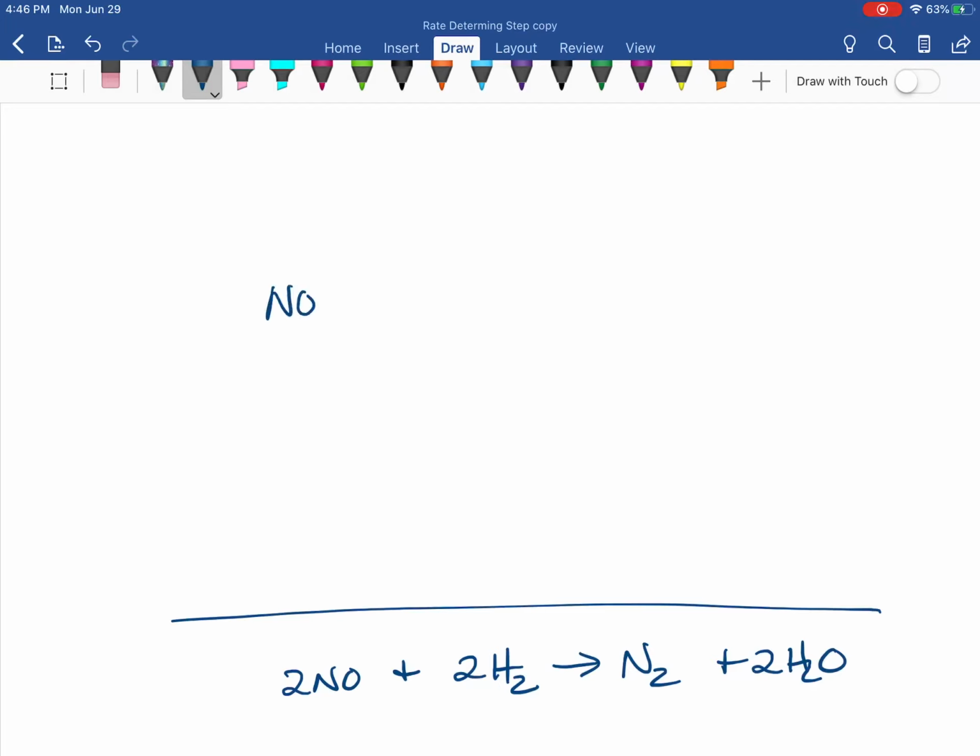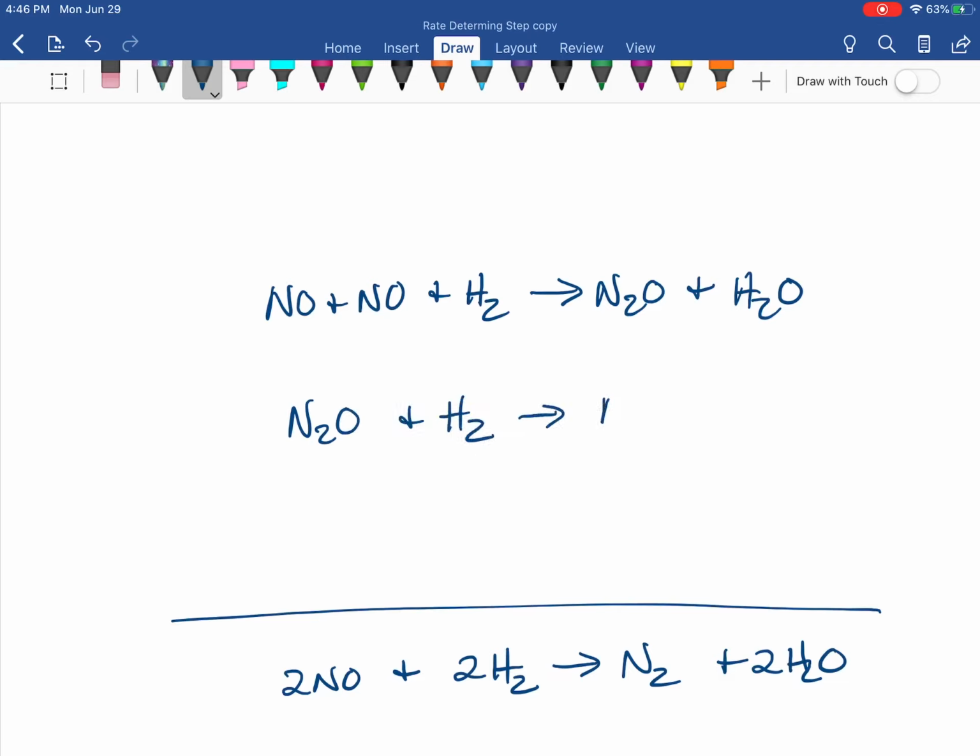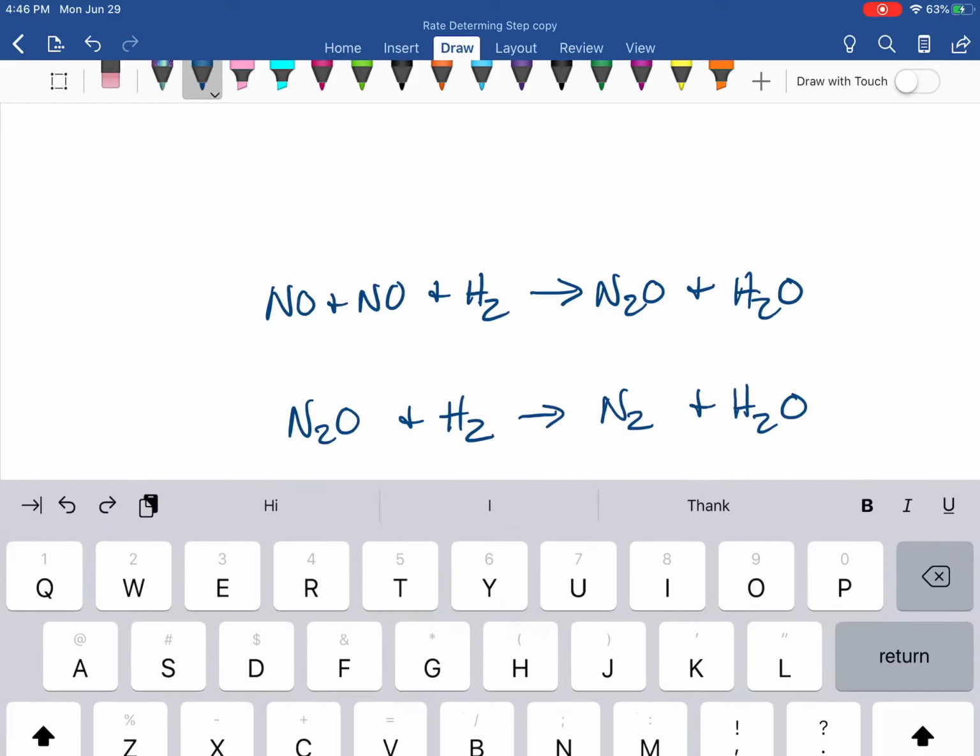So let me show you those steps. And let's also label any intermediates that we have. All right, so this process happens in 2 steps.